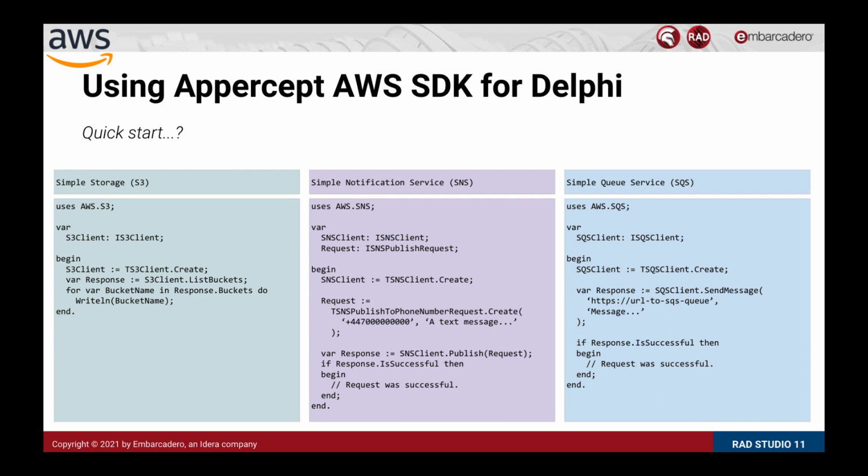Within that response variable, the response for a list buckets request will have a list of bucket names within it. So this example just iterates over the response buckets and writes them out to the console.